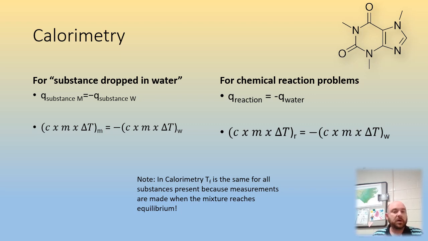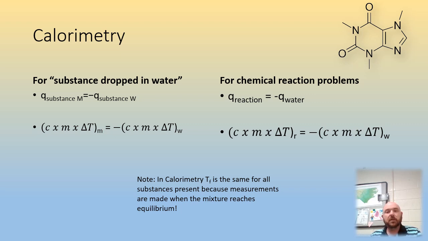What those equations are basically getting at is that if I take a hot piece of metal, that's why it's listed as substance N, often, especially these problems are written as a hot piece of metal is dropped into water, and then the amount of heat or energy lost by the hot piece of metal is equal to the amount of heat or energy gained by the water, and that's why they're equal but opposite in sign, positive and negative, because the amount of energy that one material loses is the amount of energy that the other material gains, or vice versa.